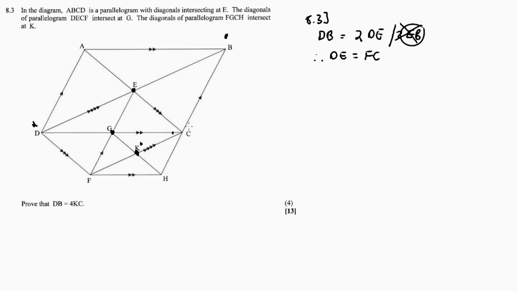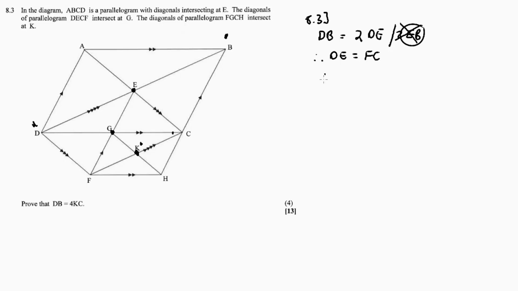Remember, don't forget, the aim is to find a link between KC as well as DB. So what do we do? I reduce this DB to DE, and then I create another equation for the smaller parallelogram. Now DE is equal to FC. FC is the diagonal of this smaller parallelogram.